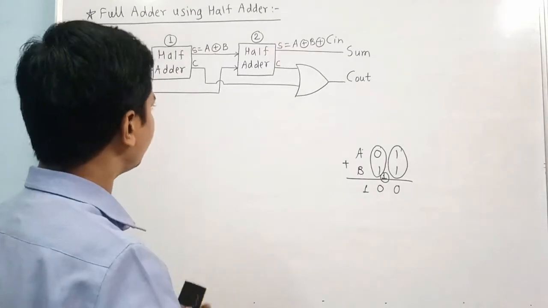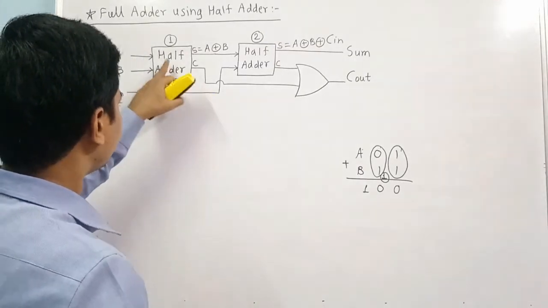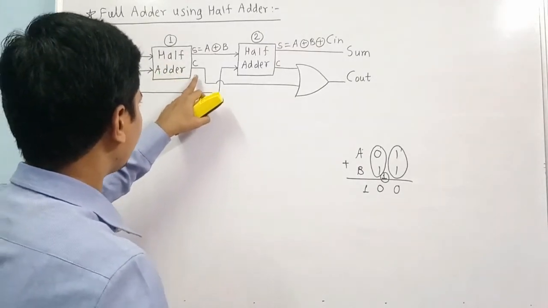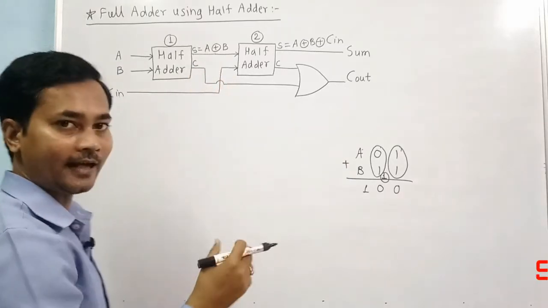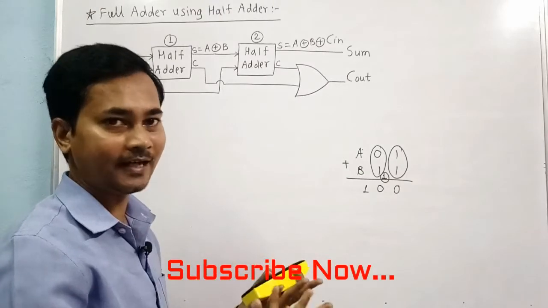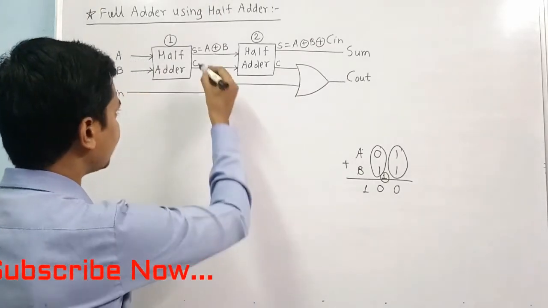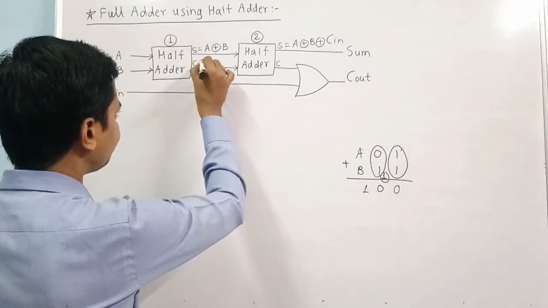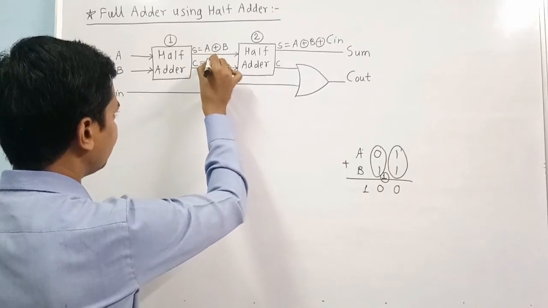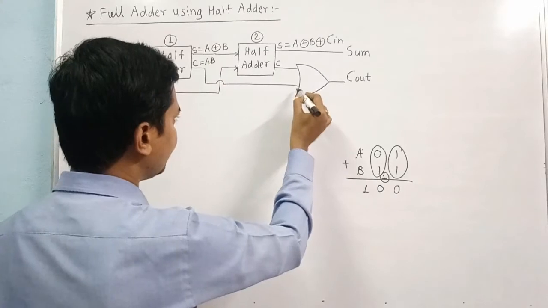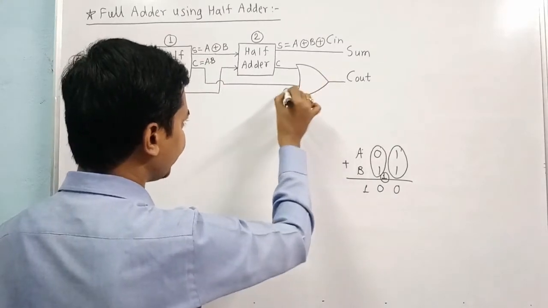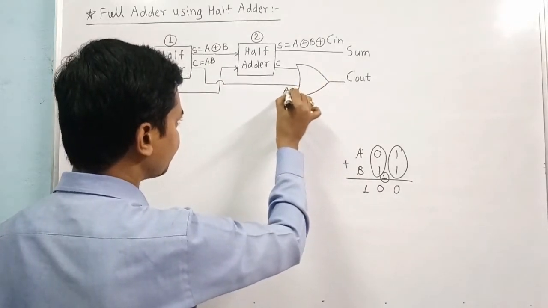Now what about the carry out of the first half adder? This carry out is nothing but the ANDing of the inputs. So here C is equal to A dot B, and this A dot B is given to the second input of this OR gate. So I will write here AB.